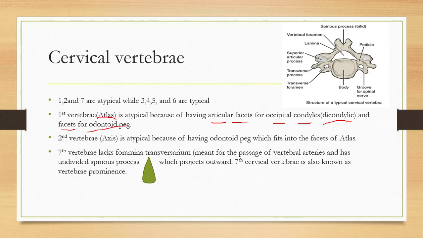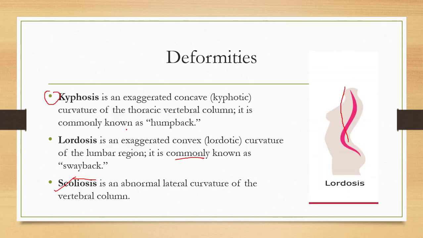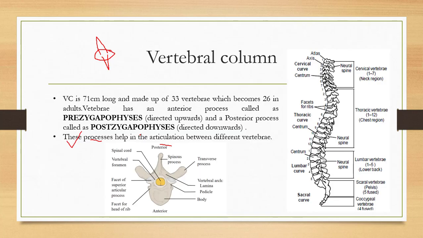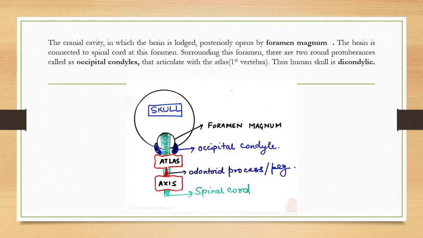And apart from this, it has also got curves or depressions for the odontoid peg. So we have already talked about these structures. Let me show you. If you see this diagram, atlas has a location for accepting the occipital condyle.